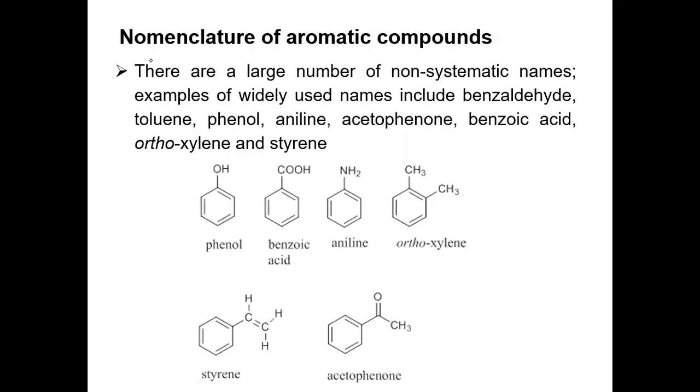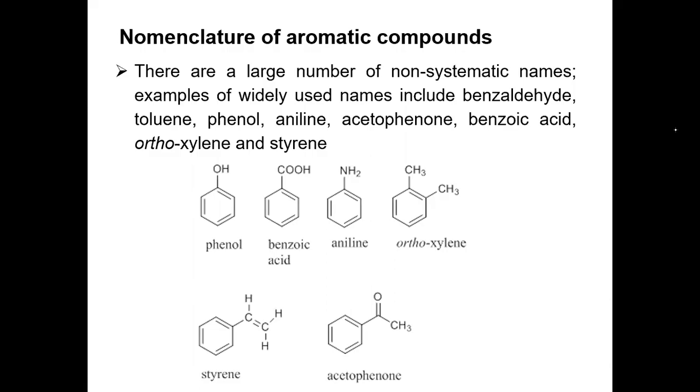Nomenclature of aromatic compounds. So we are saying that there are a large number of non-systematic names. Now, usually in the scientific world, we use the non-systematic names, right? Mostly we use them.